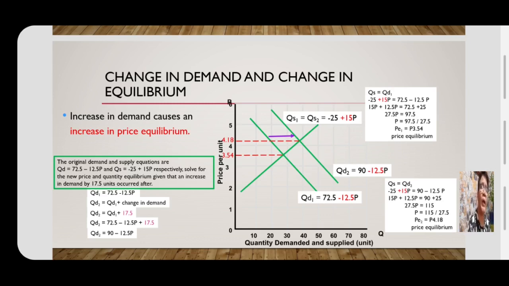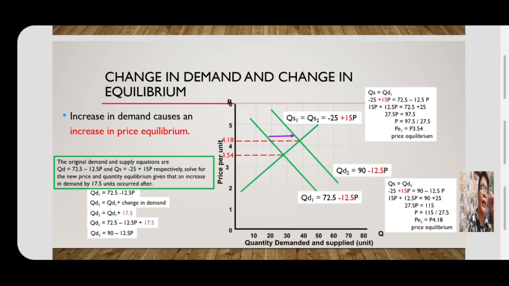So we can now equate QS to QD sub 2. QS is given by minus 25 plus 15P, which is equal to 90 minus 12.5P.